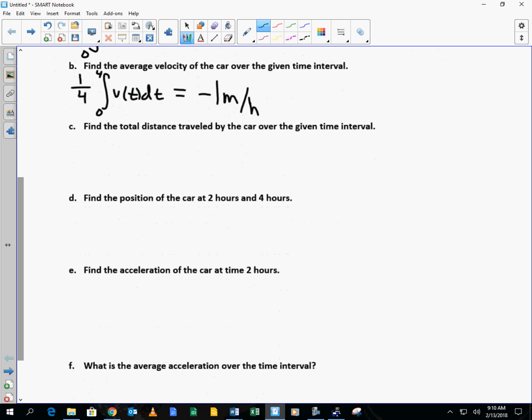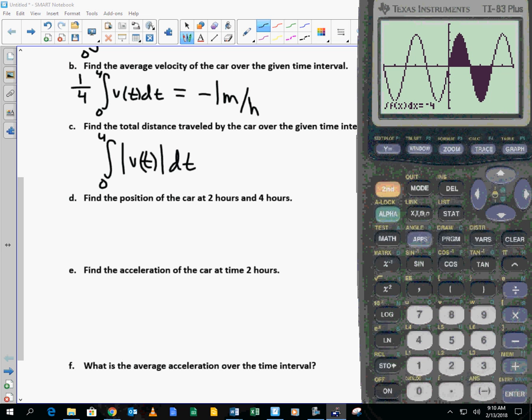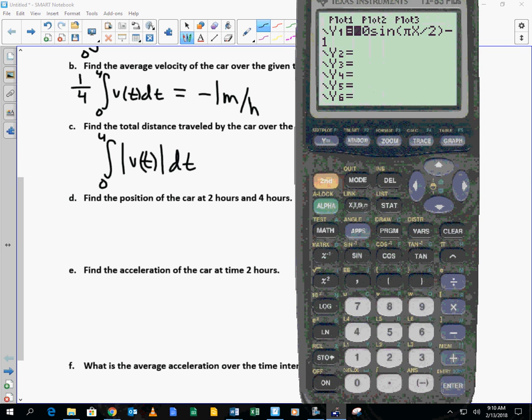Find the total distance traveled by the car over the given time interval. How's that different than the displacement? Absolute value. So we do the integral 0 to 4 of the absolute value of v of t dt. So I go back to my graph here, going to y equals, and I got to insert an absolute value symbol.